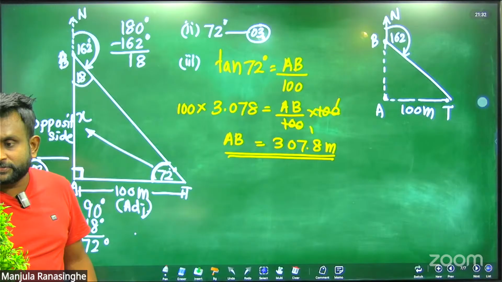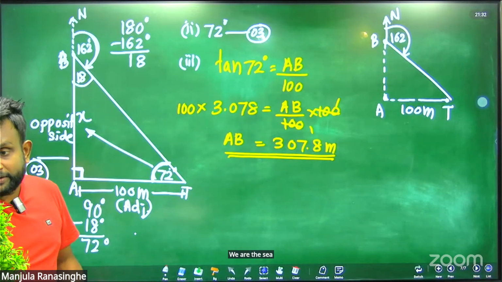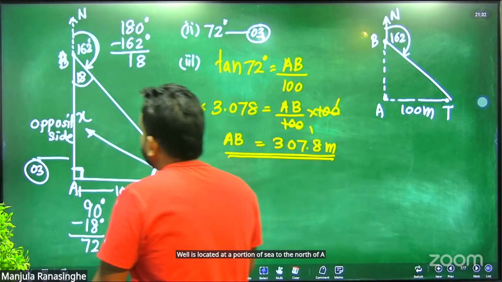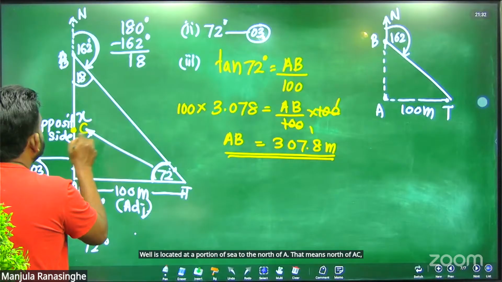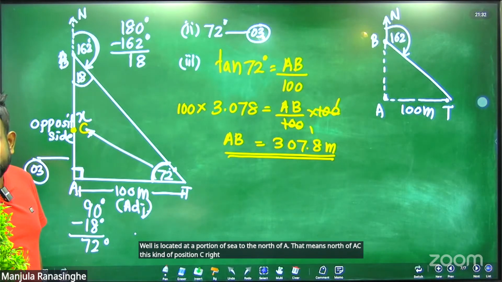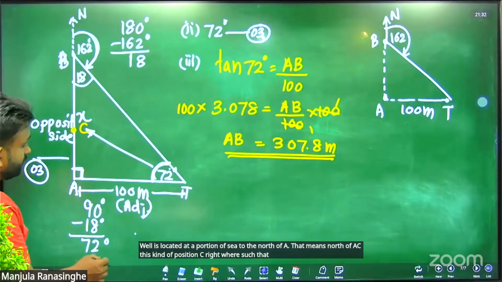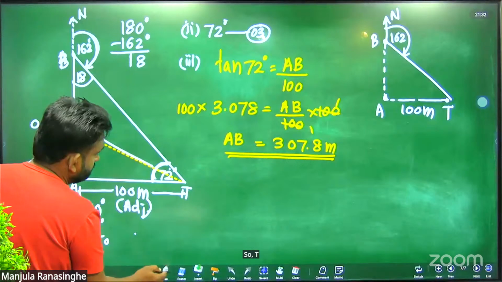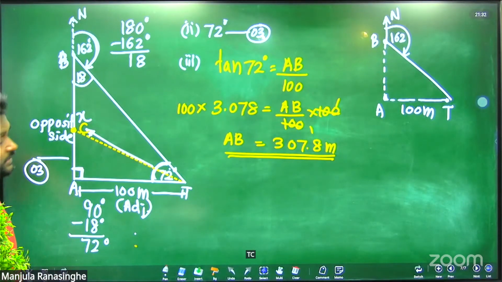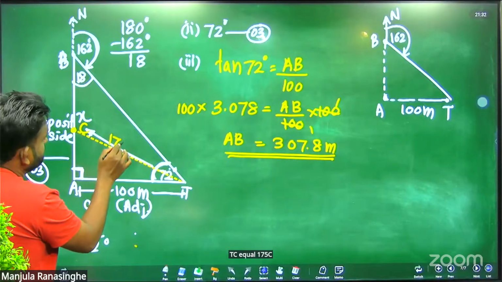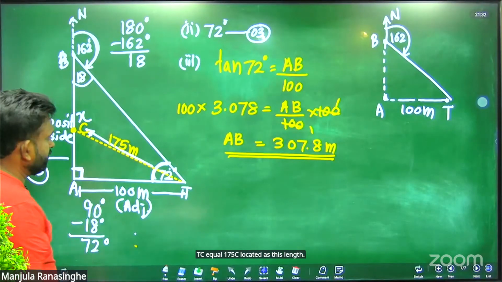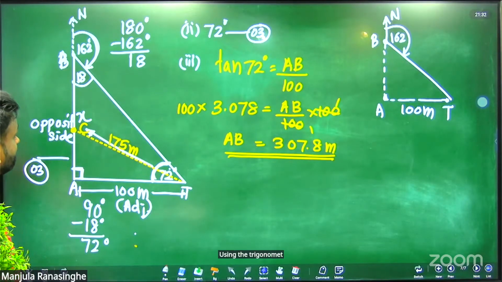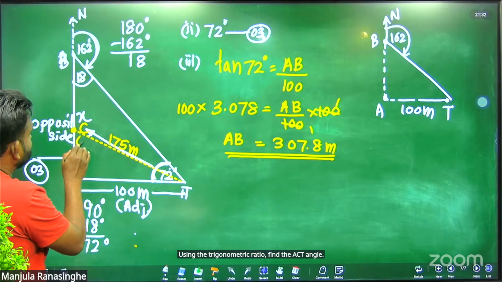We have the C. The well is located at position C to the north of A, so C is on the north line of A. Where TC, that means you need to connect T and C. TC equals 175, so C is located at this length, 175 meters. Using the trigonometric ratio, find the angle ACT. This angle is asked, theta.